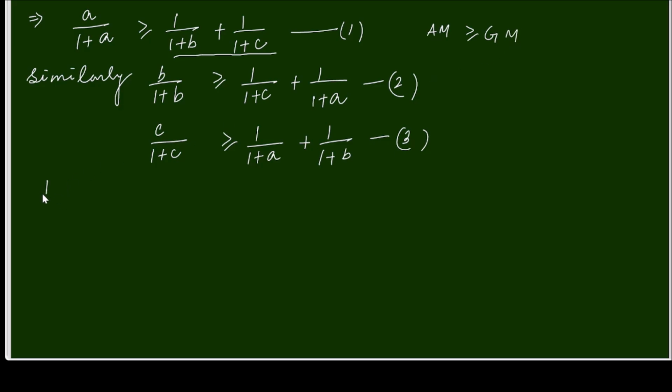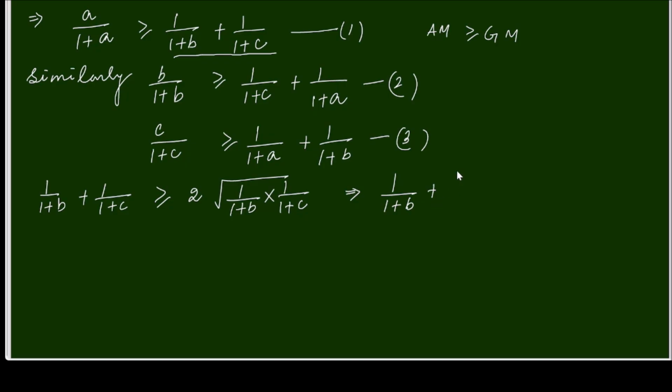So 1 over 1 plus b plus 1 over 1 plus c is greater than or equal to 2 times the square root of 1 over (1 plus b)(1 plus c).